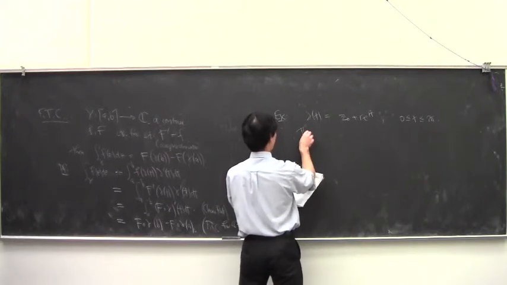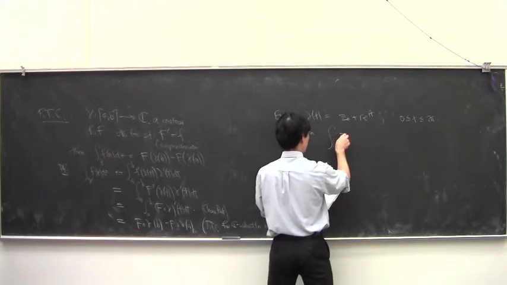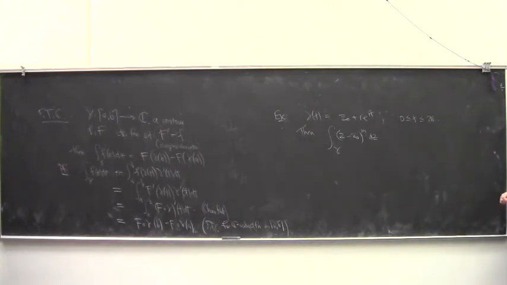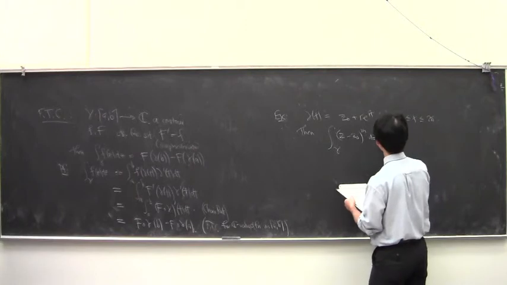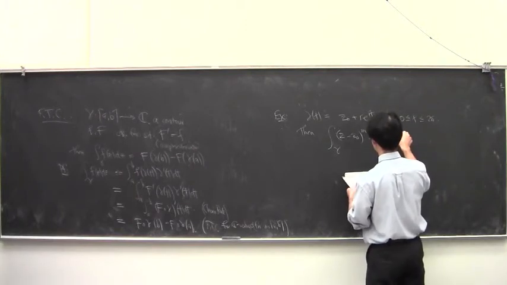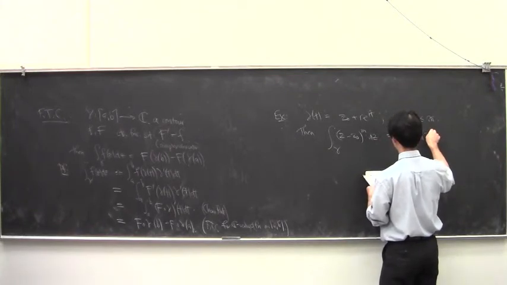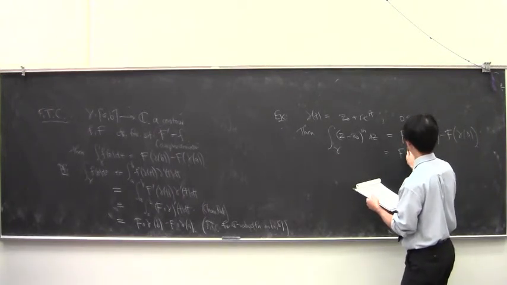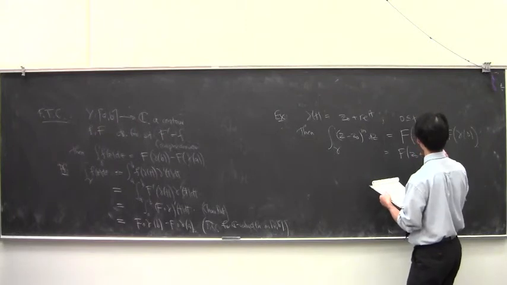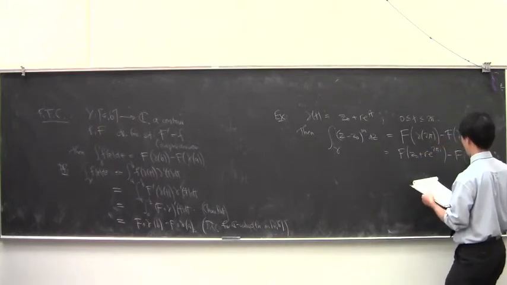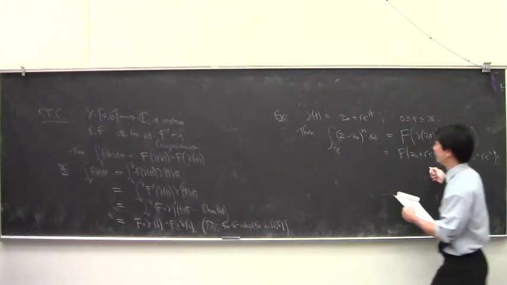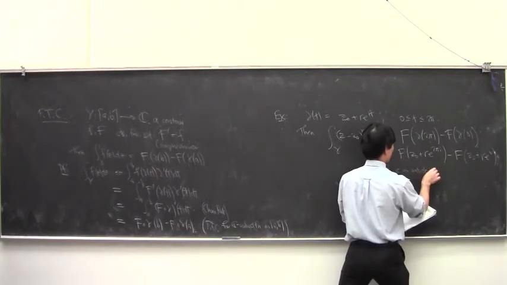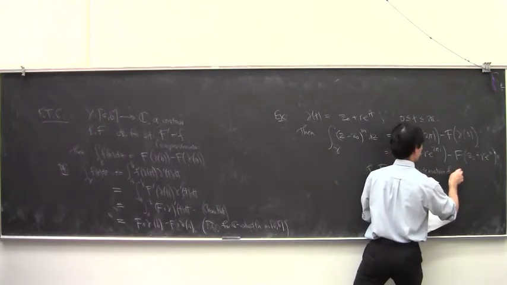Then, if we consider the integral of z minus z naught to the n dz, this is going to be F of gamma 2 pi minus F of gamma 0, which is F of z naught plus r e to the 2 pi I minus F of z naught plus r e to the 0, if F is an antiderivative of z minus z naught to the n.